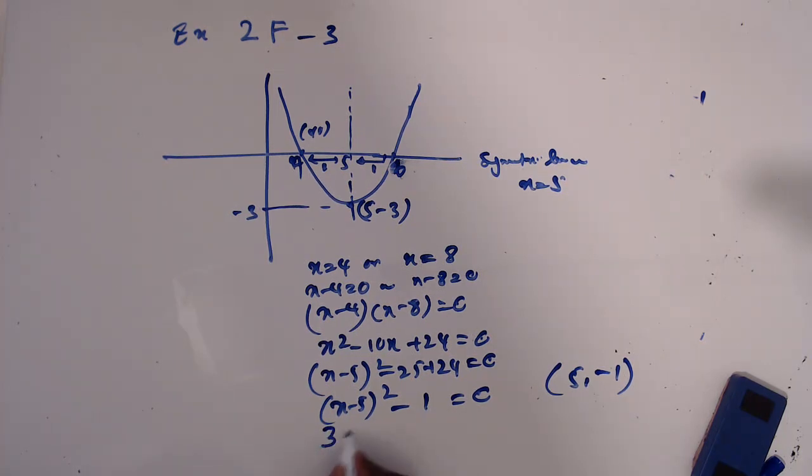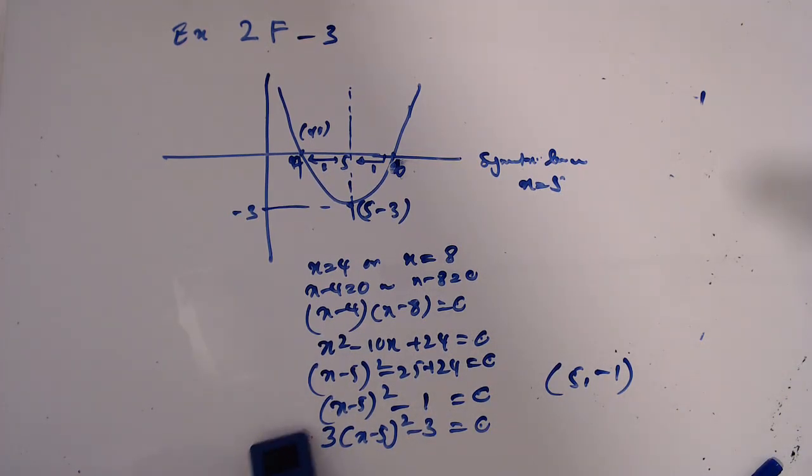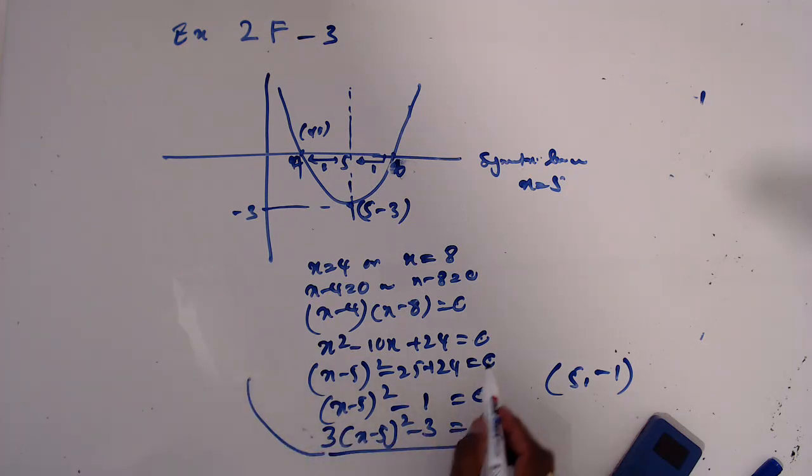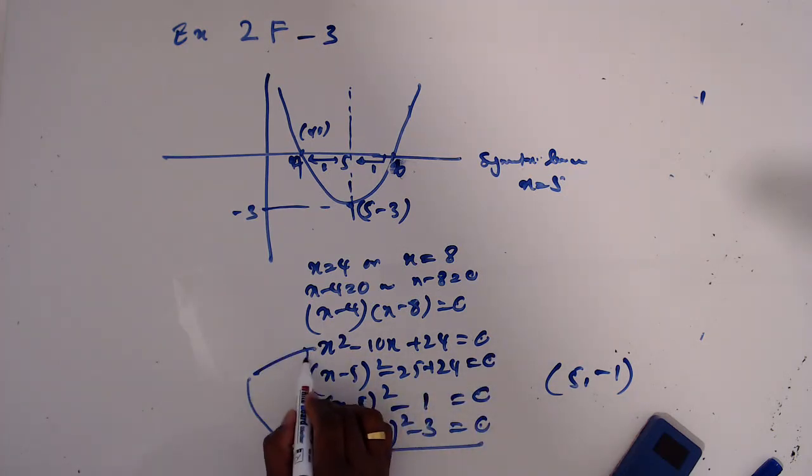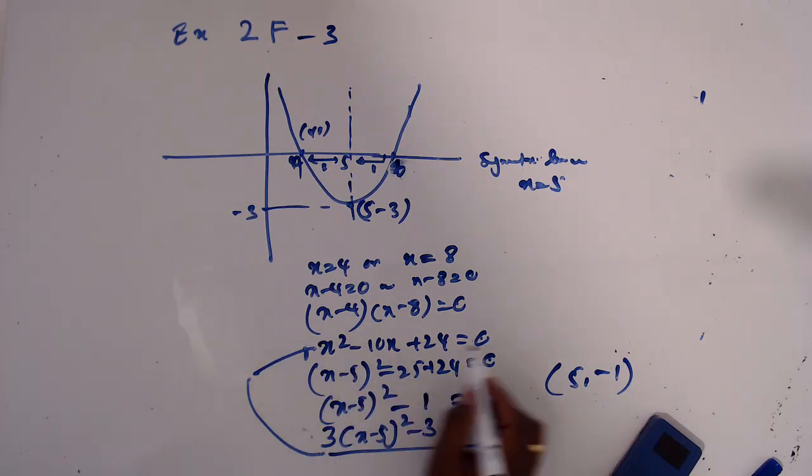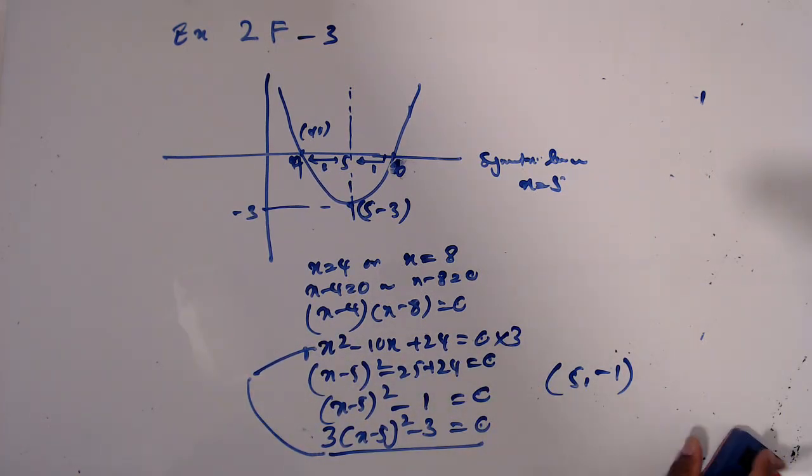It means 3 times x minus 5 square minus 3 equals 0. So in simple terms, you want to multiply this graph by 3.